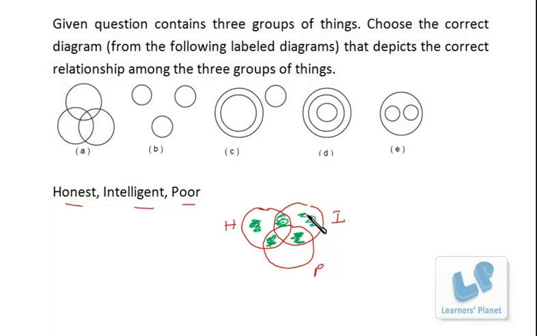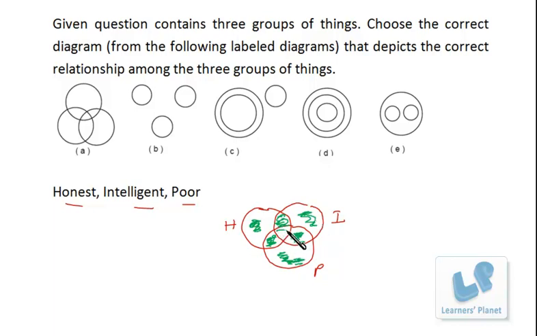Similarly, this area represents the persons who are intelligent only, neither honest nor poor. Similarly, this area represents the persons who are poor only, neither honest nor intelligent. So this sort of persons will also be there.